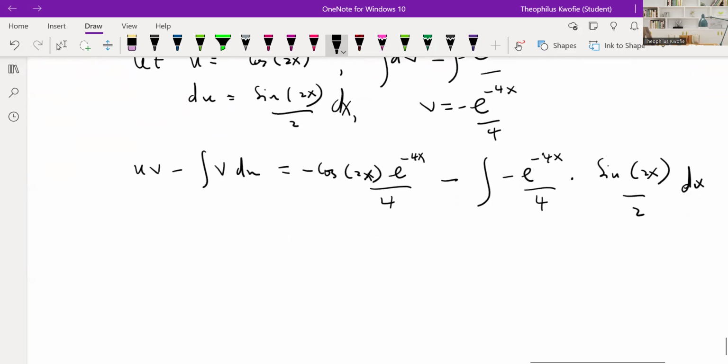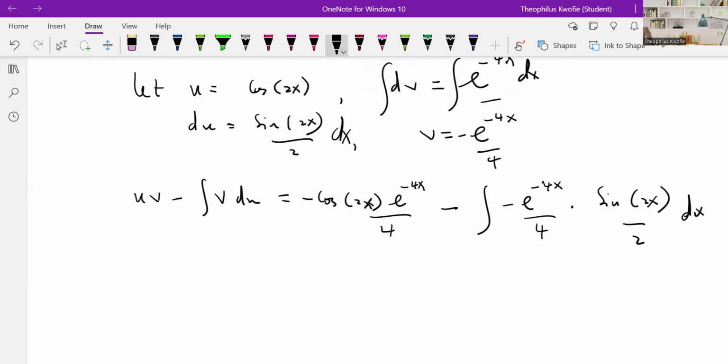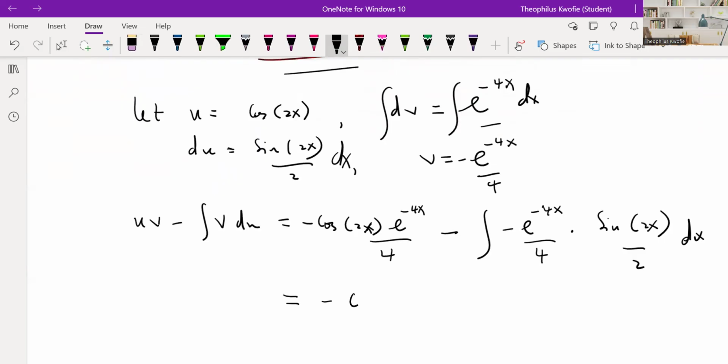Good. Now, when we simplify this a bit, we should have minus cosine of 2x multiplying this expression. Then with this, we can also do the same. We can pull out 1 out of 8, okay?